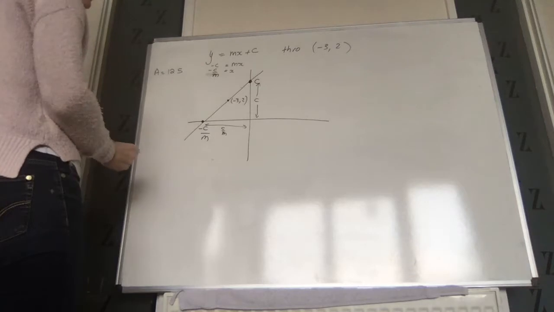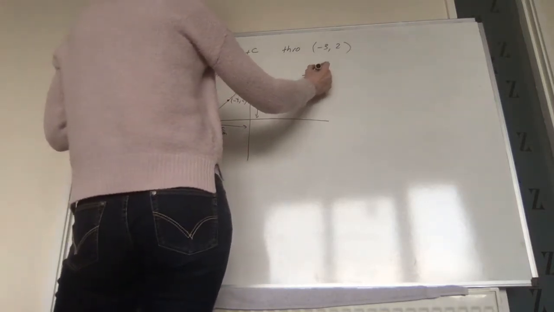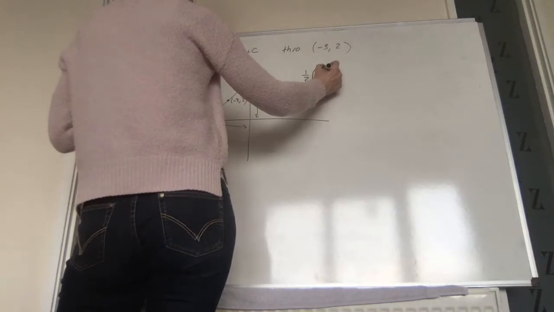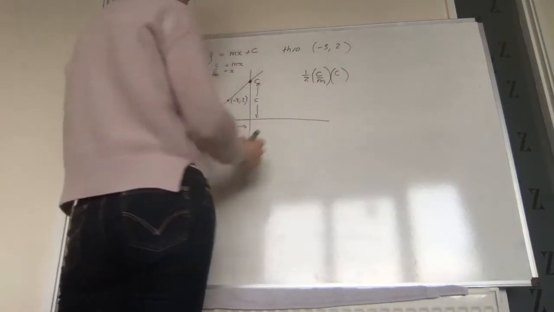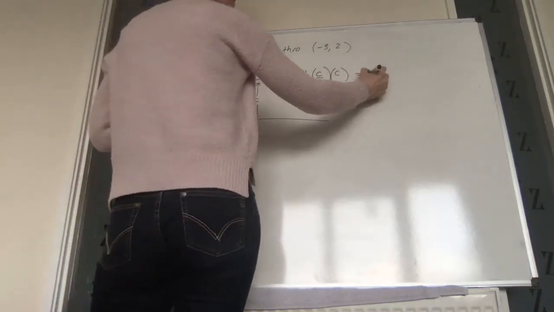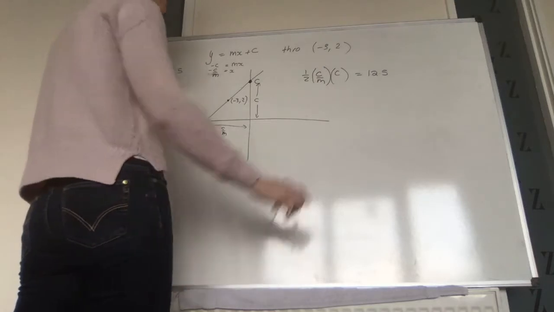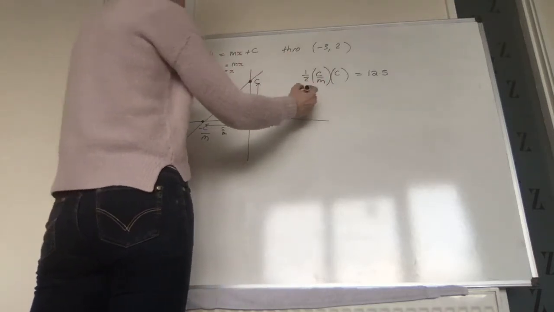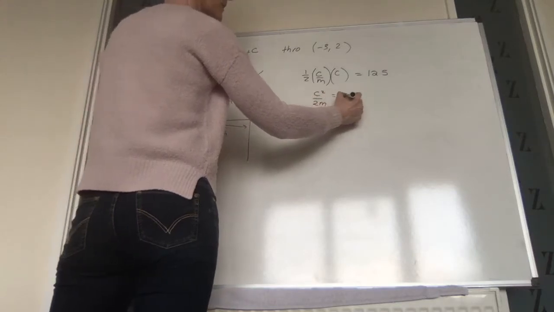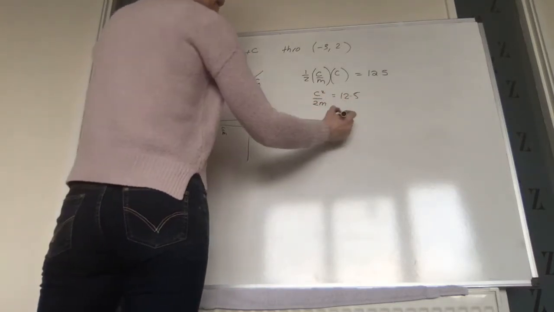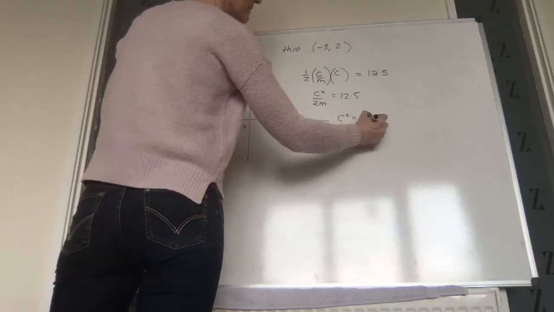Okay, and we know that half the length of one side, c over m, times the perpendicular distance between that side and the opposite vertex, c, is 12.5. We know that these two are positive, so we don't need to use absolute values. So c squared over 2m is equal to 12.5. c squared is equal to 25m.